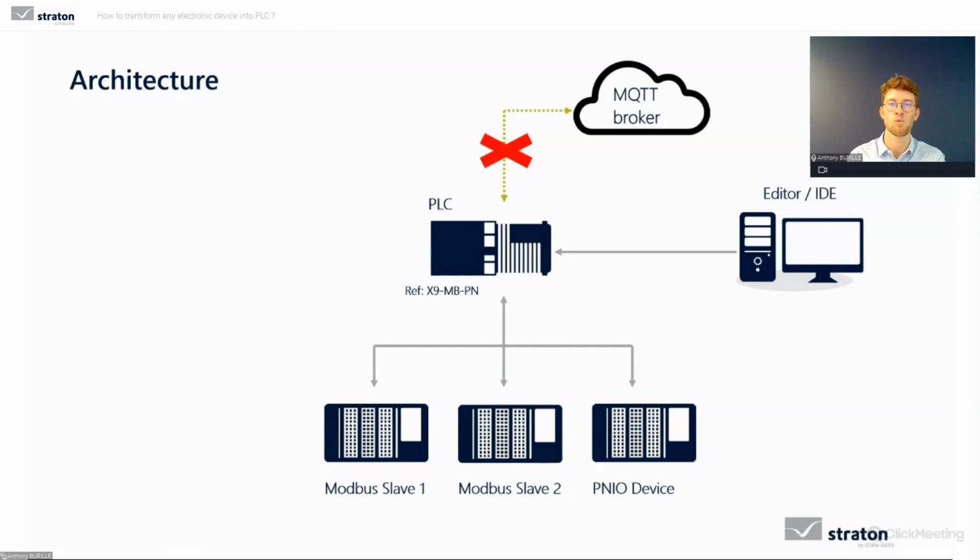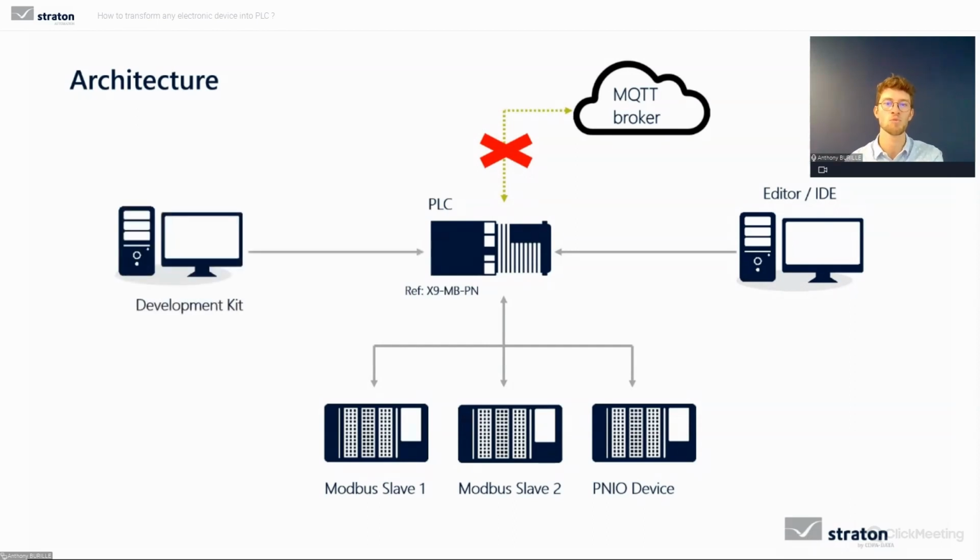So what's next? Ideally, you will need a development kit to be able to add this MQTT capability to your PLC. And even more ideally, I would say, you will need to create your own PLC, an adaptable one. So you don't want to depend on a specific hardware, you want to make your own, or a specific operating system, then you can choose the one you need, the one specific adapted to your need.